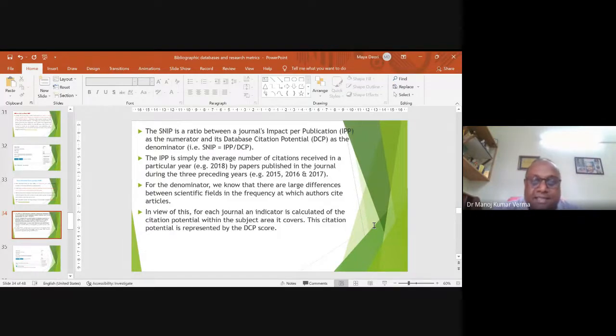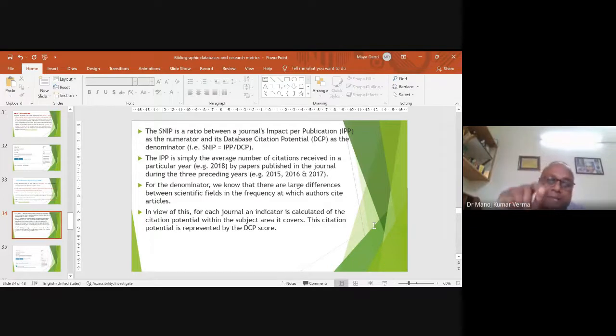So SNIP is IPP, impact per publication, divided by DCP, database citation potential. The IPP is simply the average number of citations received in a particular year. Please remember the IPP, because we have to divide the IPP by DCP.